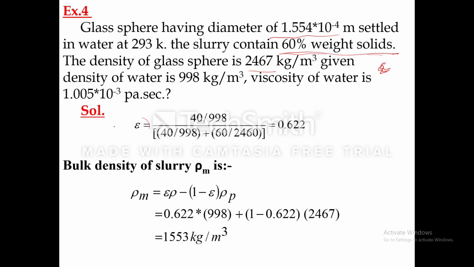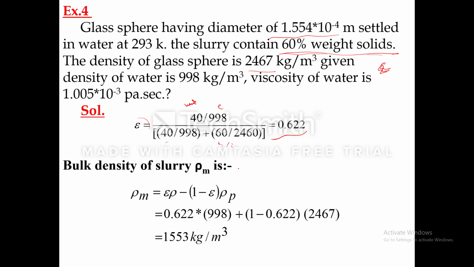So we have to compute porosity, which is 14 over 998, and this is water over rho, and this is slurry over rho. So we have porosity equal to 0.622.